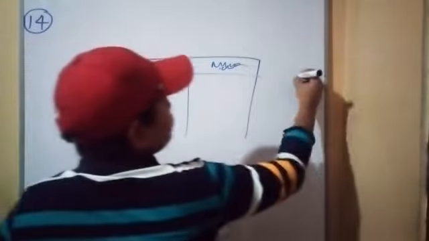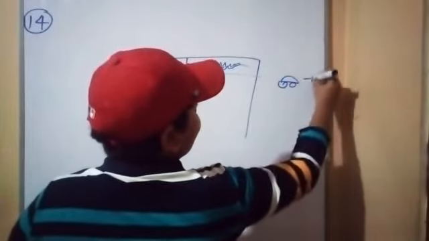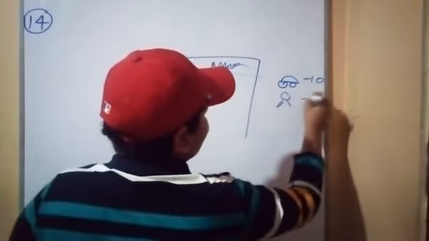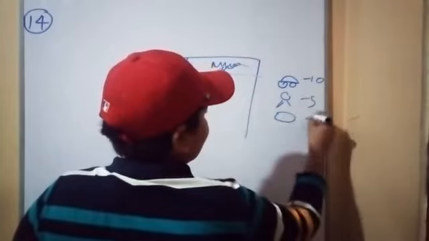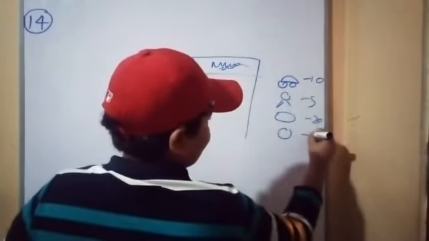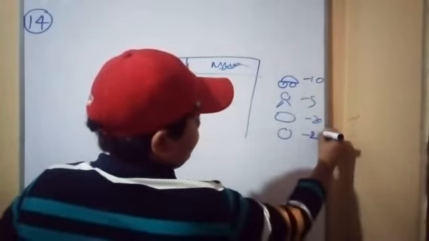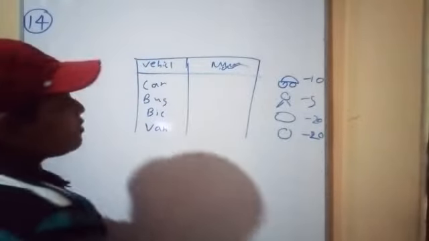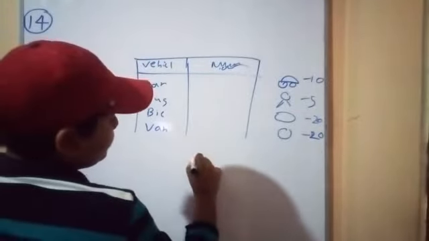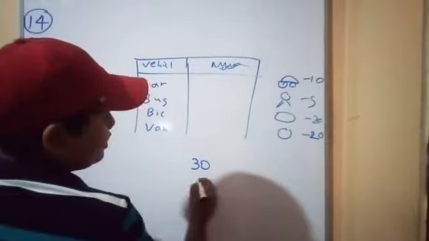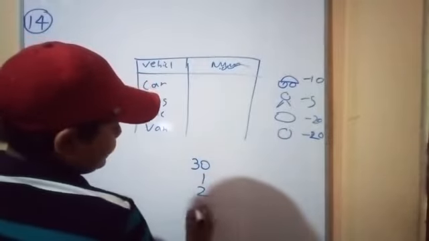One car represents 10, one bicycle represents 5, one bus represents 20, one van represents 20. Now, how many cars go? 30 cars go.